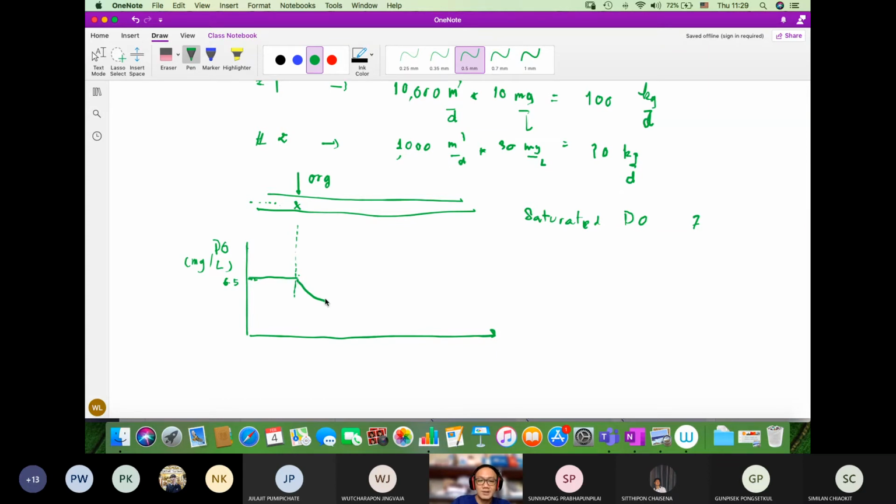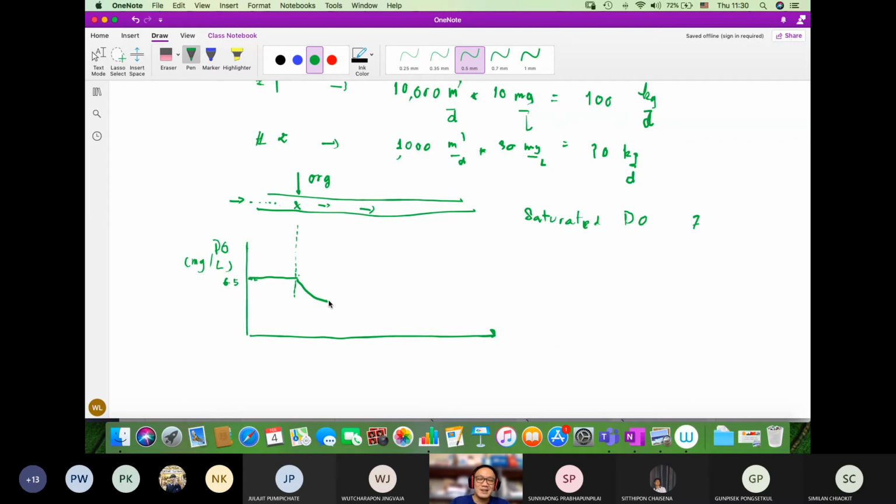It will not drop at the point of mixing, because just imagine the hydrological condition. Water is flowing all the time in the stream, and when it flows, it carries the organic substance. So the oxygen will drop to its lowest value somewhere downstream. It depends on the strength of the waste.